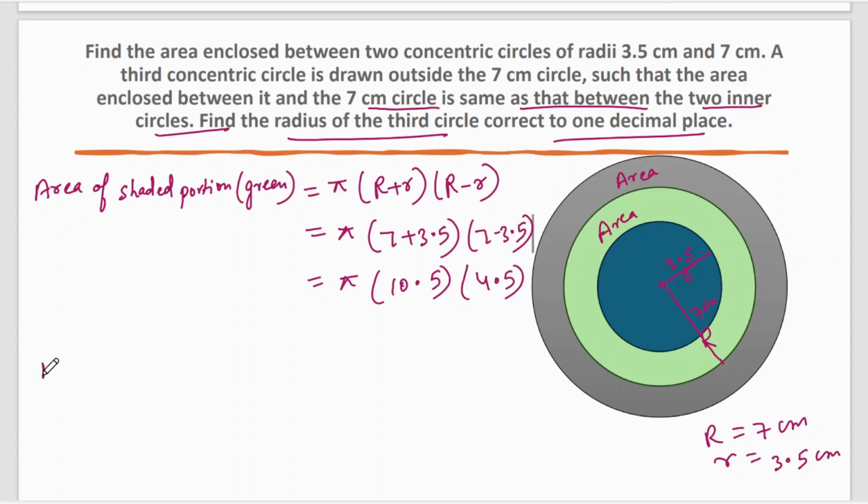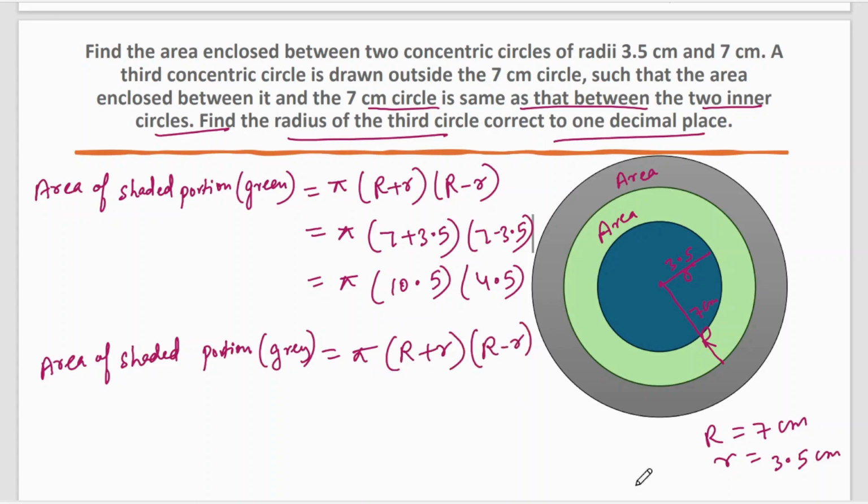Now let me find the area of the shaded portion, the gray one. Again, first I am writing the formula: pi (R plus r)(R minus r).